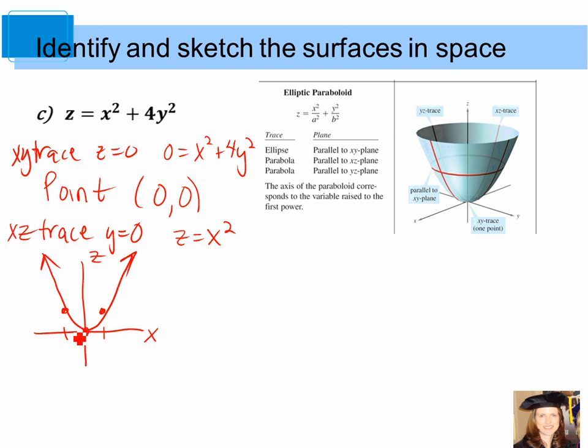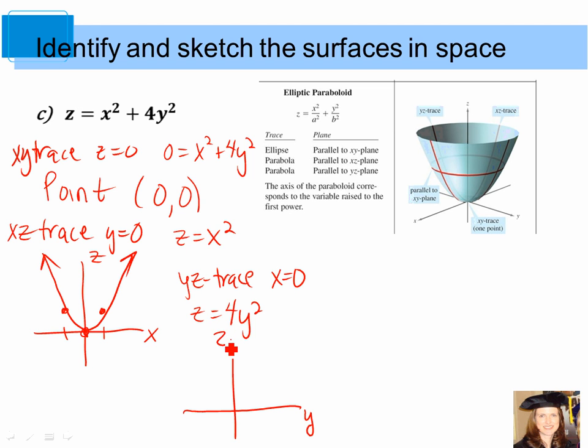And the last trace would be our yz trace. Let's do that over here. The yz trace, when x is equal to 0, you get the equation z equals 4y squared. So we'll draw that one using a 2-dimensional graph. We have our y-axis and our z-axis.